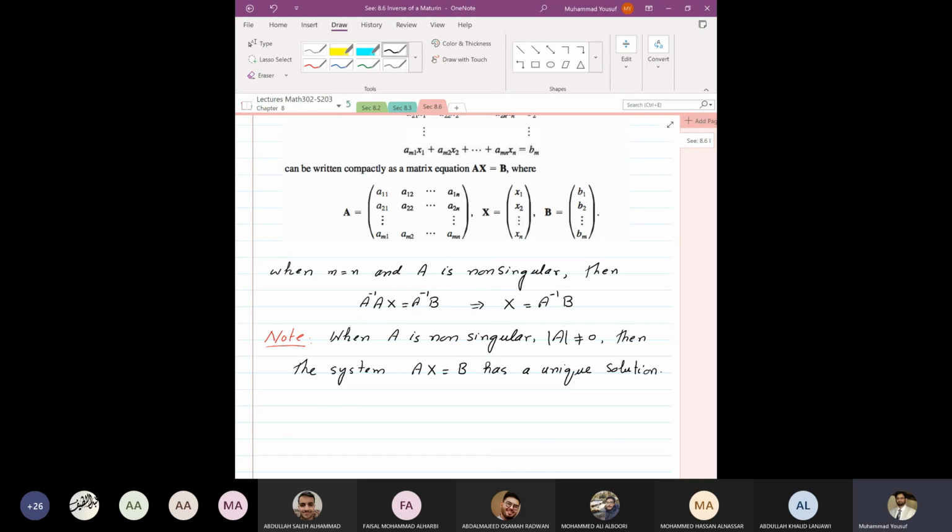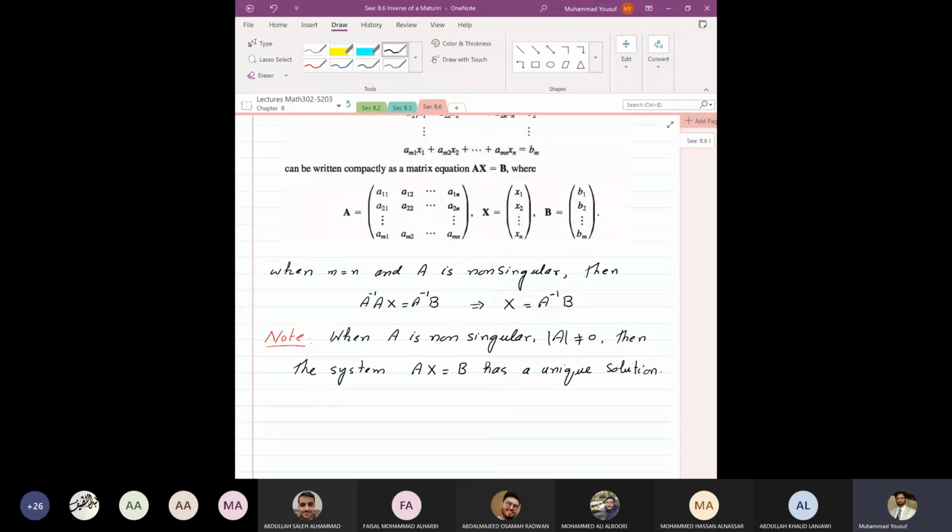So when we say A is non-singular, it means its inverse exists and the determinant is not 0. Then the system has a unique solution, not infinitely many solutions. Also, if there are two solutions, that will give us a contradiction, and you can verify this.